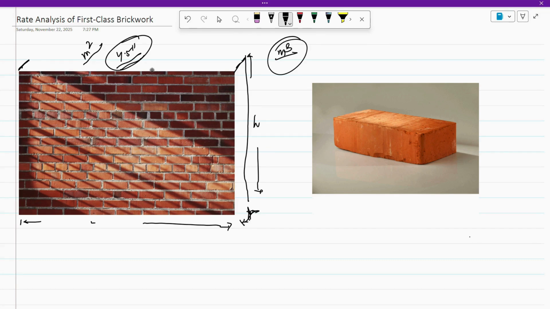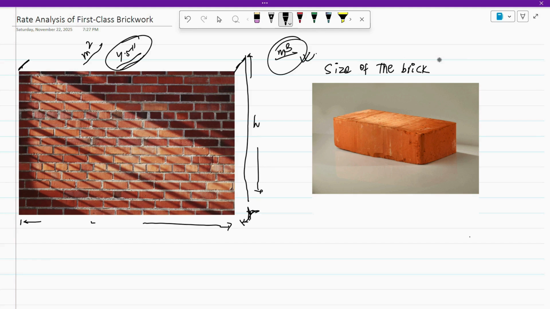So you understood the unit. Now next, you need to understand the brick. It's a first class brickwork, meaning that the bricks that will be used in this item of work will be of the first class. Now the size of the brick might be different.